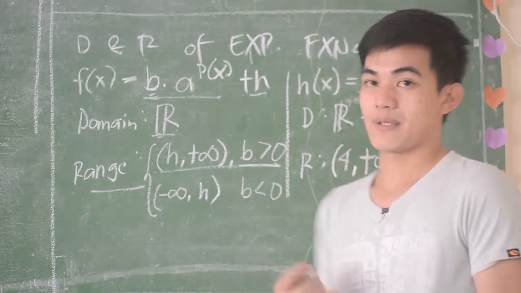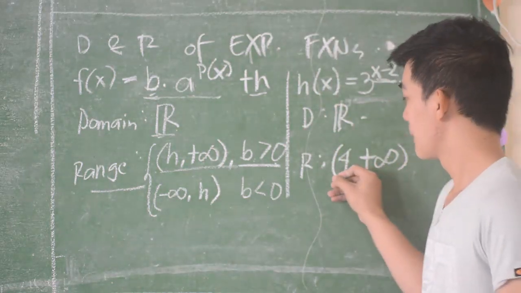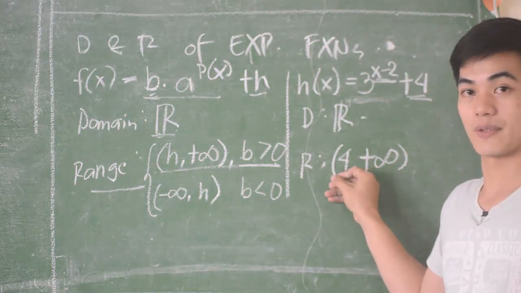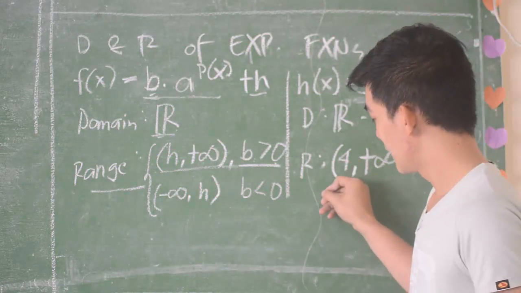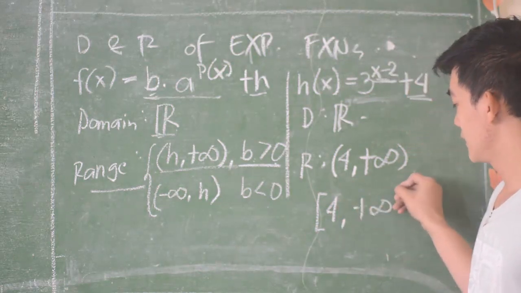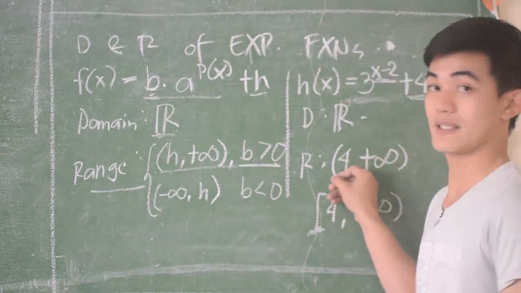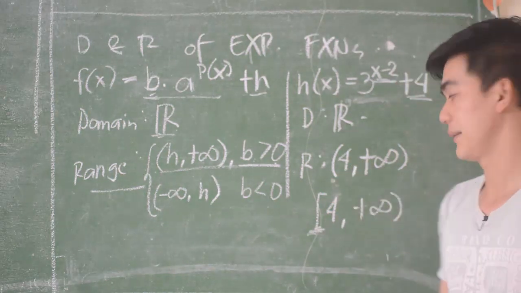Next, range naman. Range yan, ibig sabihin, ito pag parenthesis yan, hindi kasali si 4, di ba? Pag i-review natin yan, pag naka-brackets yan, ibig sabihin kasali si 4, pag brackets, no? Pero pag parenthesis, hindi yan nakasali.